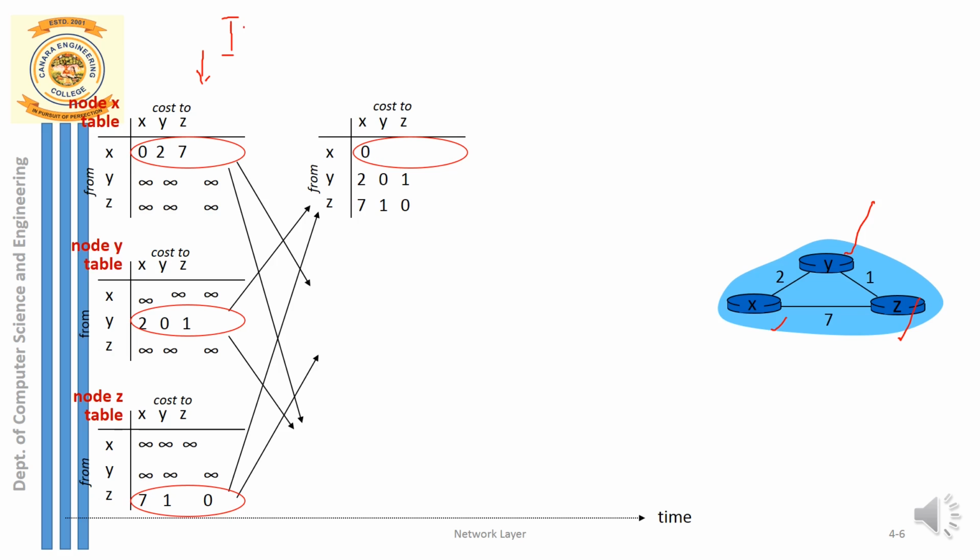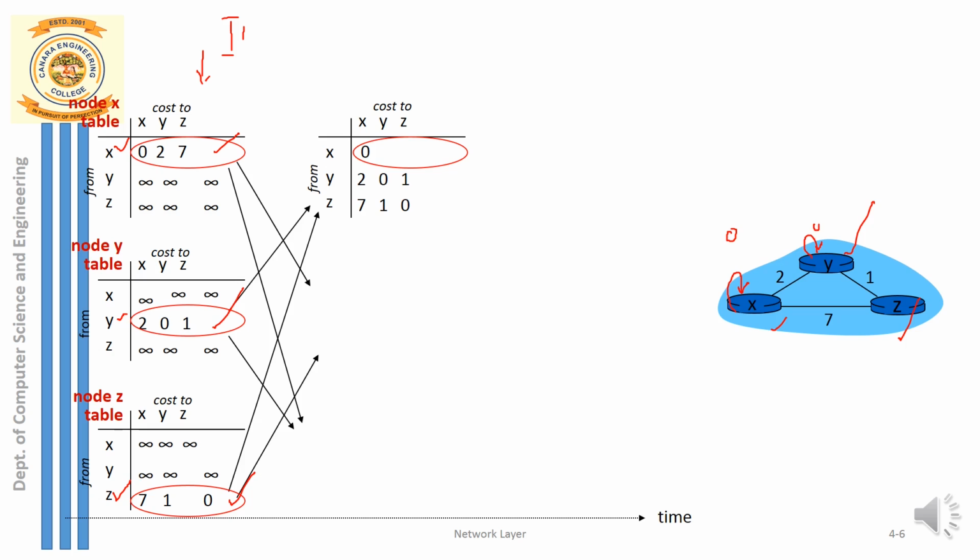In iteration 1 I have the node x, then the node y, and finally the node z. Total 3 nodes. All 3 nodes have initialized their values here. In iteration 1 I can see the initialization happening. The initialization is that the distance from a node to itself is always taken as 0.